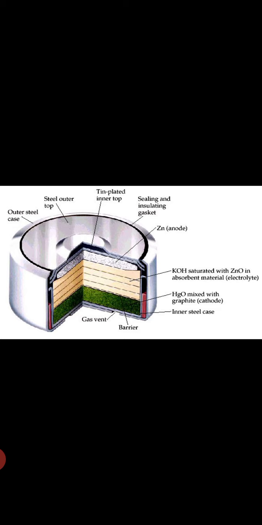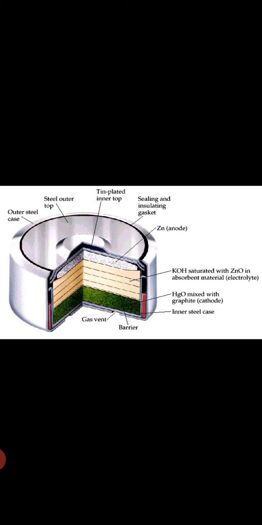Now the reactions which take place. Zinc reacts with OH minus to give zinc oxide and water. Now, how will zinc react? Zinc will lose 2 electrons, Zn minus 2e minus, because zinc acts as the anode. So zinc will lose 2 electrons to form Zn2+.